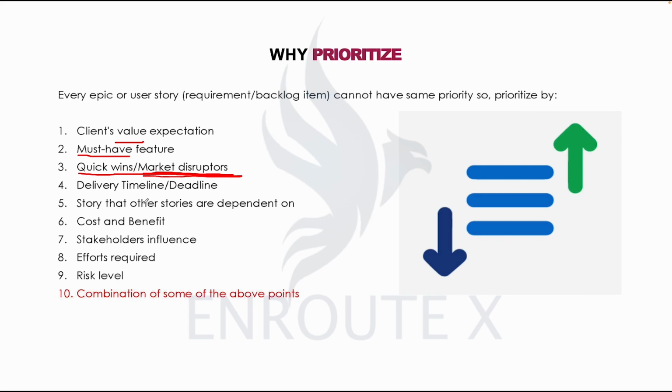Of course, we also want to prioritize based on the delivery timeline, or we want to prioritize based on the story that other stories are dependent upon. For instance, let's use our building construction as a quick illustration.